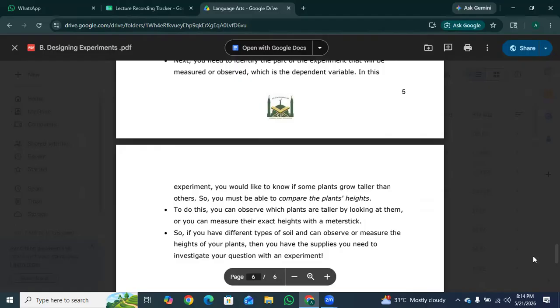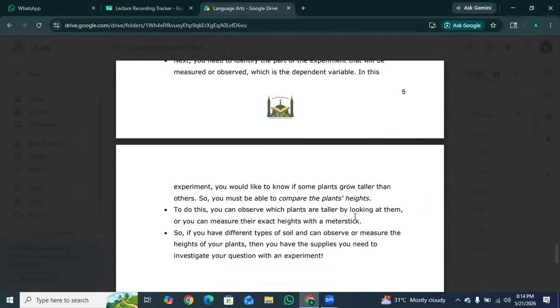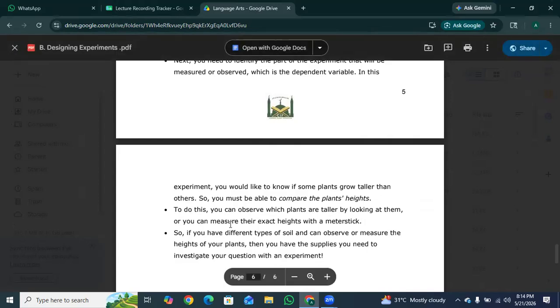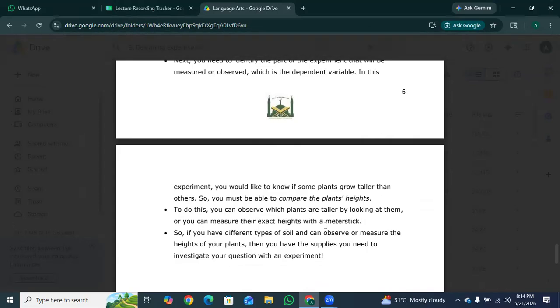For the dependent variable, what you measure, you need the tools required to collect your final data. For example, if you are measuring plant height, you must have a tool to measure it, like a ruler or measuring tape. You can observe which plants are taller by looking at them, or you can measure their exact heights with a meter stick.